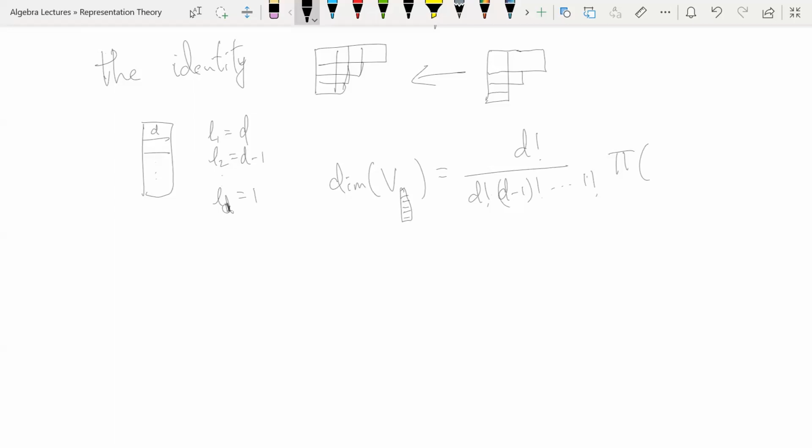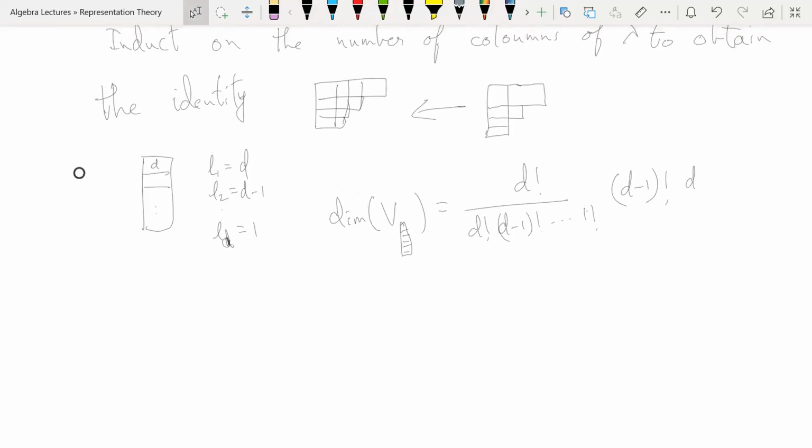If you fix L1, then you'll get d minus 1 factorial. If you fix L2 and take the product L2 minus L3, L2 minus L4, and so on, you'll get d minus 2 factorial. So it does seem to cancel, and so on, so this is again 1.